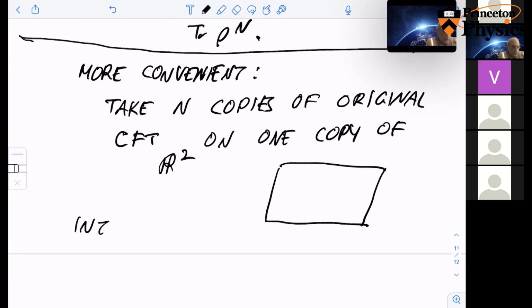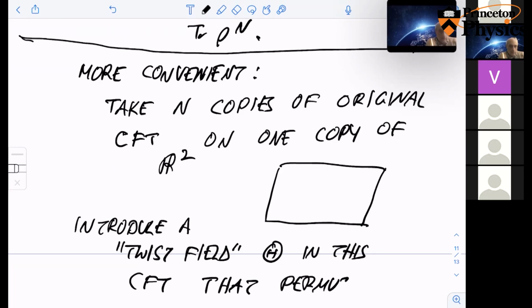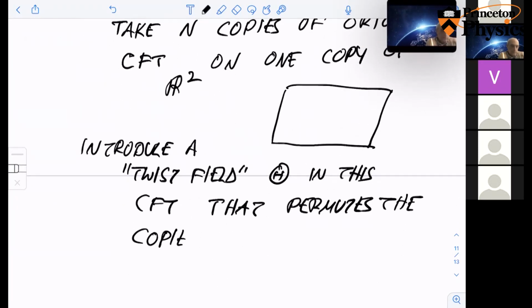But then we introduce a twist field theta in this CFT that permutes the n copies. So what that means is that if you have a point in R2 where the operator theta is inserted, then if you go around that point, the n copies are cyclically permuted.